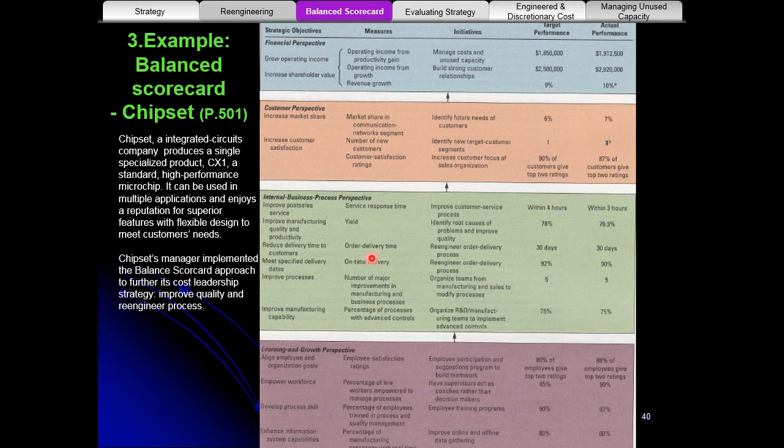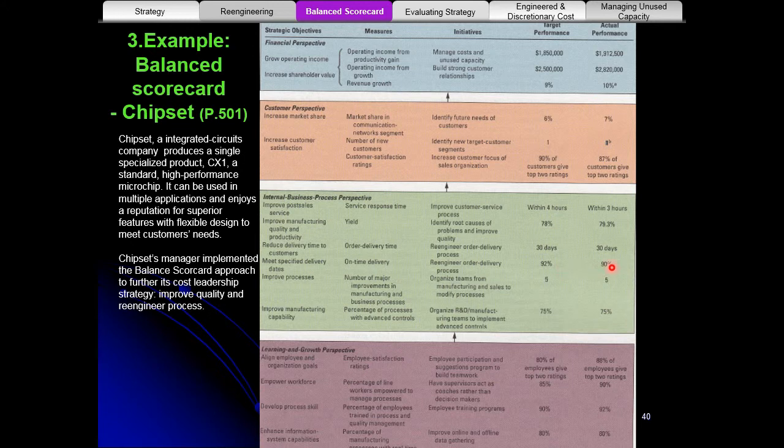So order delivery time, we expected 30 days, and now it takes 30 days. So this is great. We have met our budget. On-time delivery, 92%, but only 90% of cases we met on-time delivery. 10% we failed, but we are 2% below budget. That is, we have poorly met this budget by 2%, okay, not 10%.